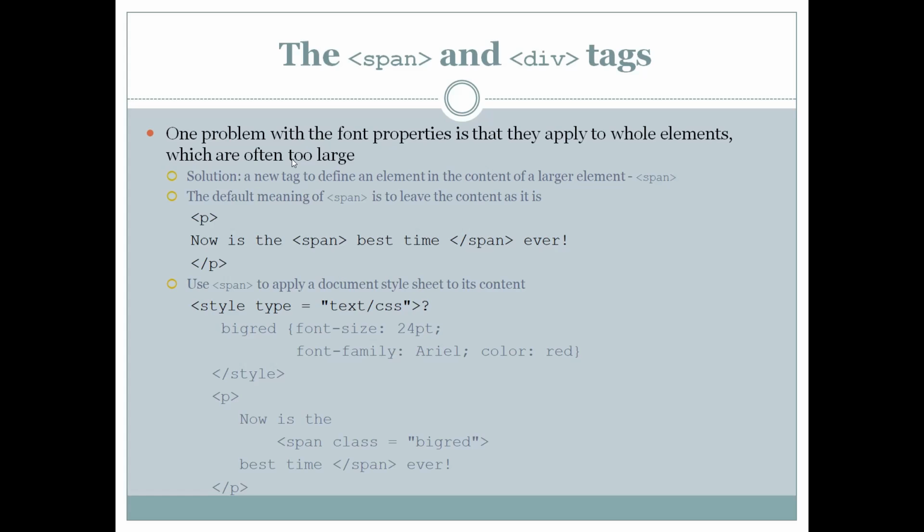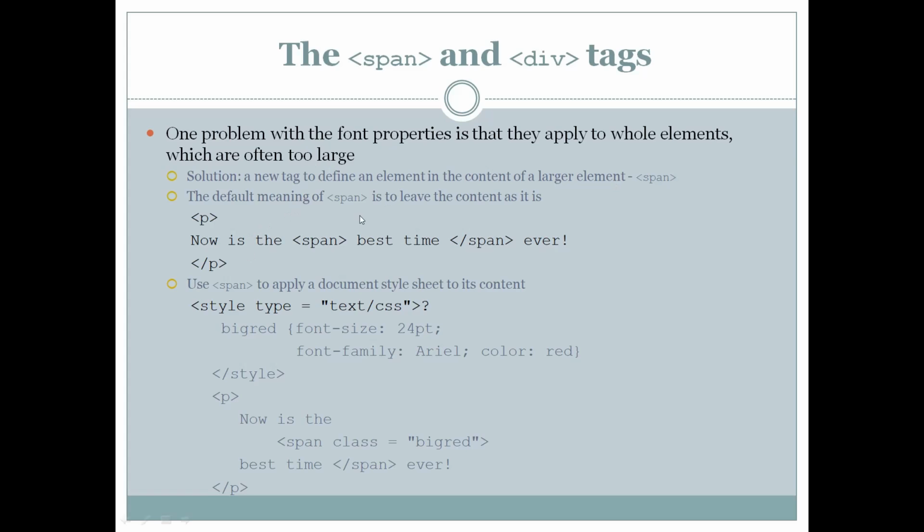But sometimes we may want to apply some styles to part of an element, not to a complete paragraph element. So one solution is a new tag to define an element in the content of a larger element. Inside a paragraph tag we can have one more element, a span element, which simply marks a location to which we want to apply formatting in the whole set of text.